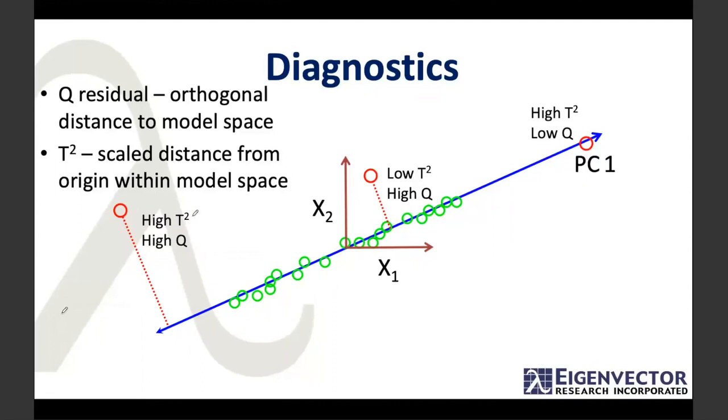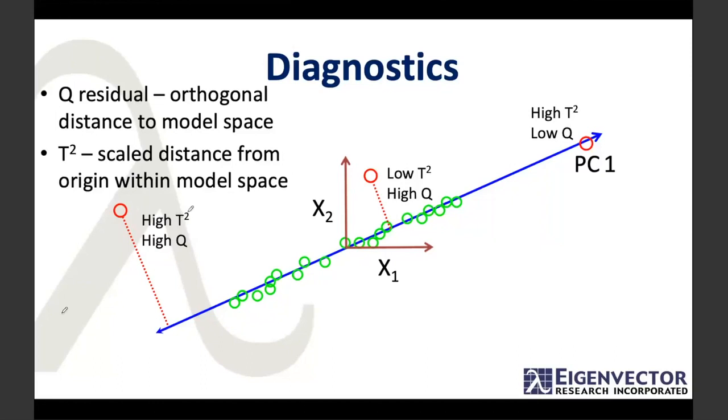So the t-squared is a form of a Mahalanobis distance in that the t-squared is calculated on the basis of the scores and not the original data. So Mahalanobis distance is a general distance metric which is scaled according to how your data is shaped, or scaled to the variance in each of your variables.